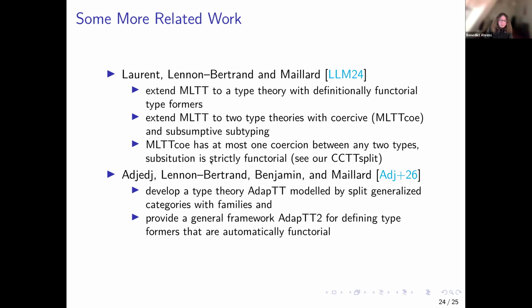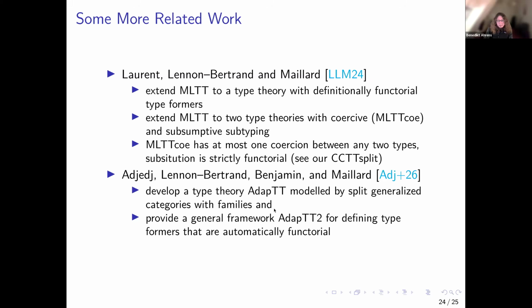So their type theory looks a little bit similar to the variant CCTT split that we also explain in our paper with a strict substitution. I don't think they have explicit substitution in their type theory, though.